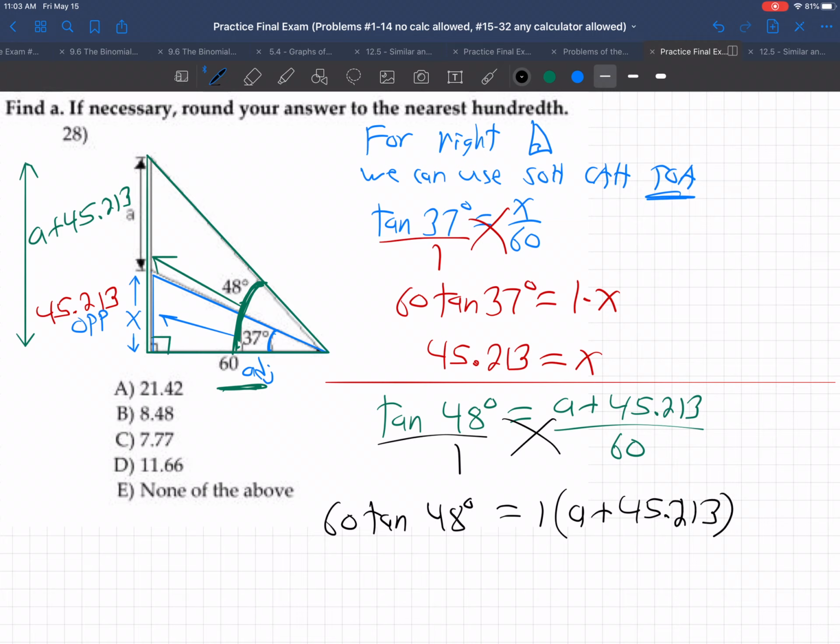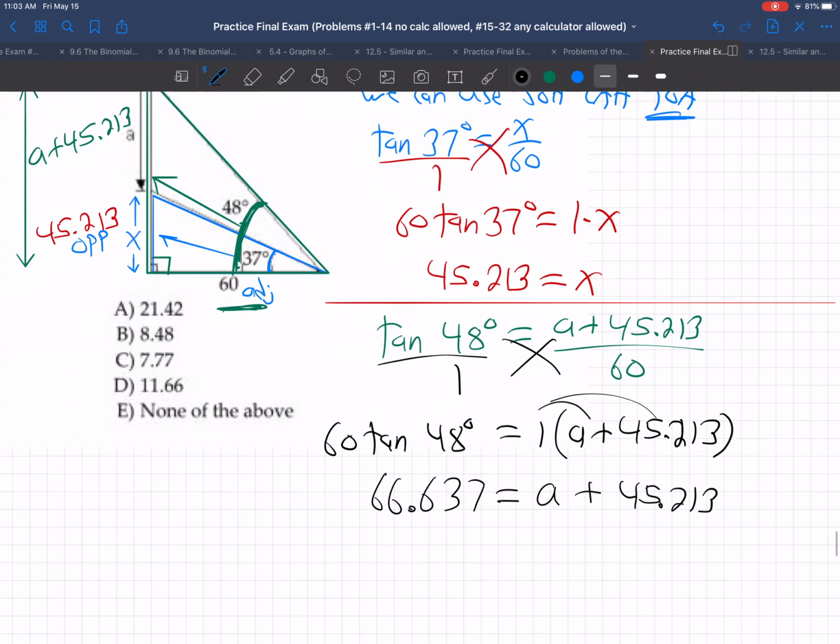Hit the buttons on your calculator. 60 times tangent 48. This is 66.637. Distribute the 1 here. You're going to get A plus 45.213. So last step to solve for A, subtract 45.213 from both sides.